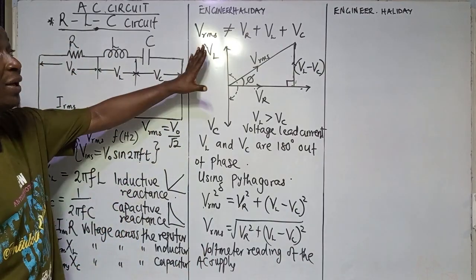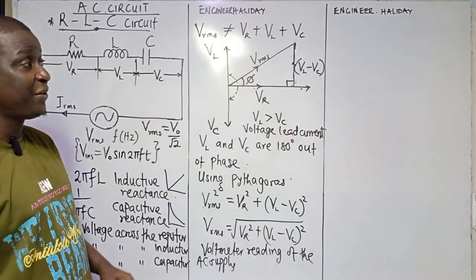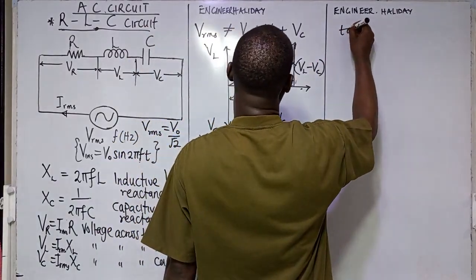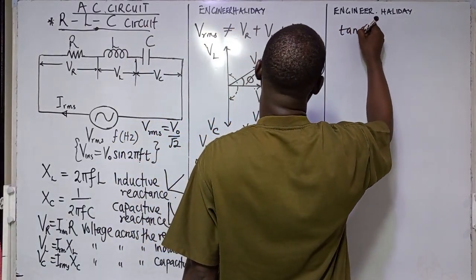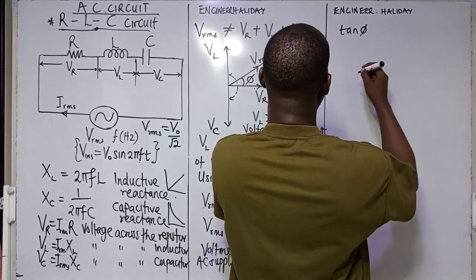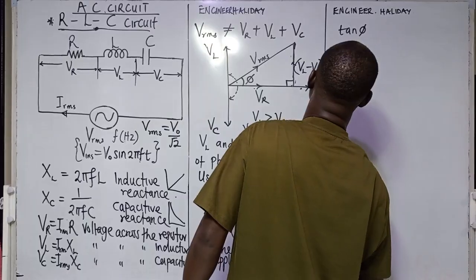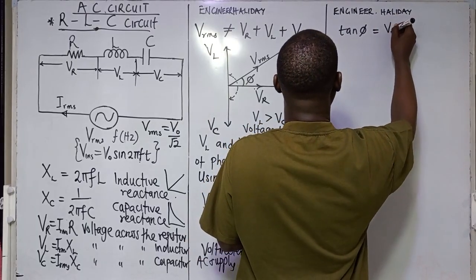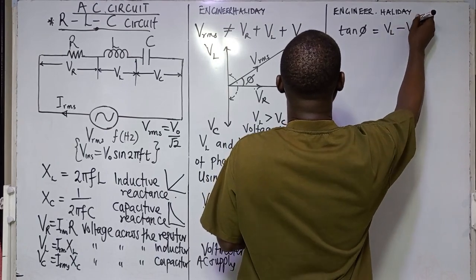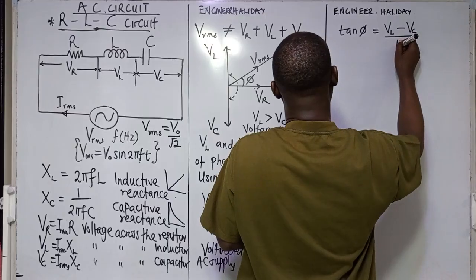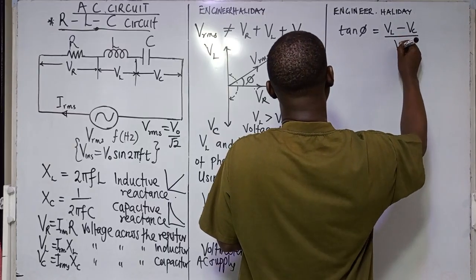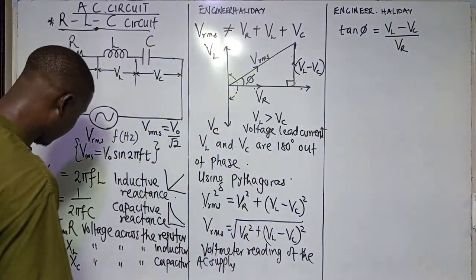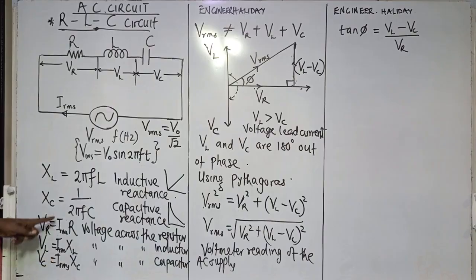Now, another thing: we want to calculate the phase angle. You can use tan phi. Tan phi is equal to VL minus VC over VR. Now, if you use the formulas that I gave you here, these three formulas, don't forget the I are the same.